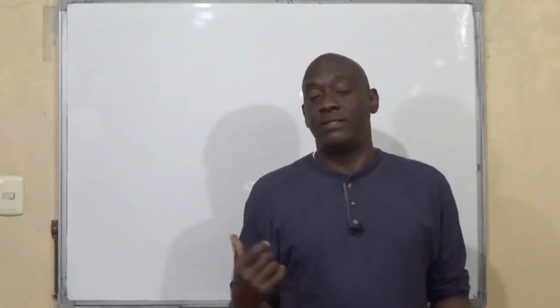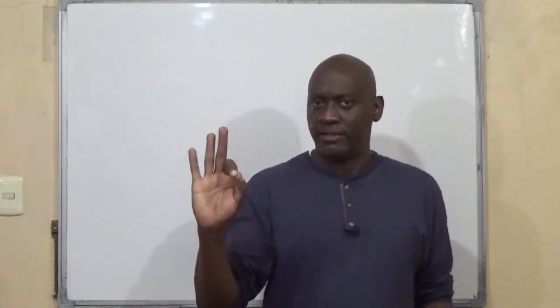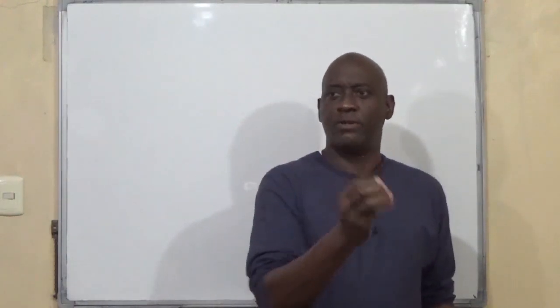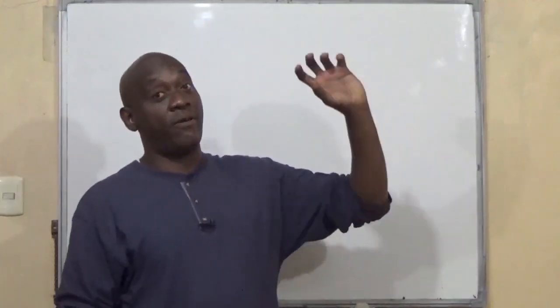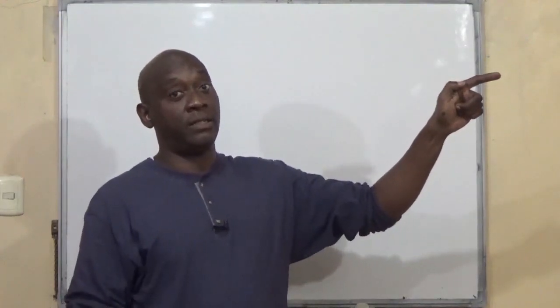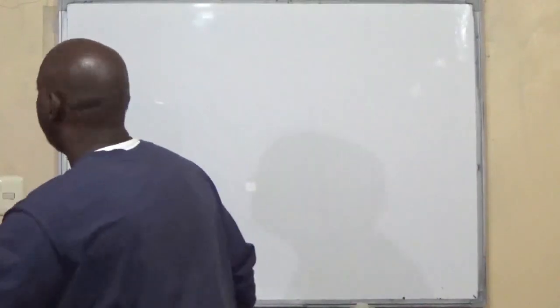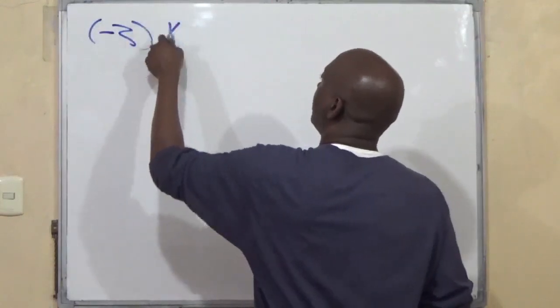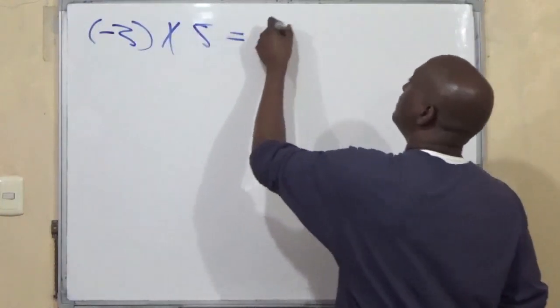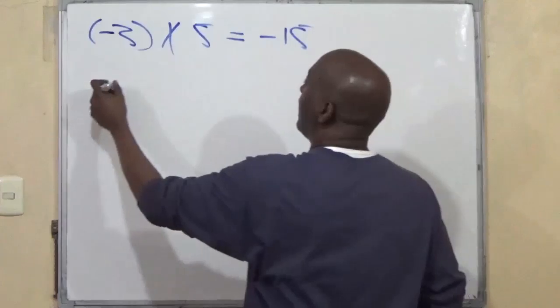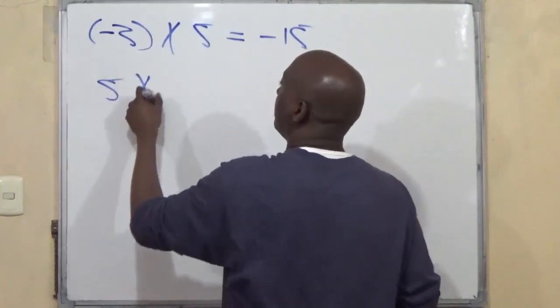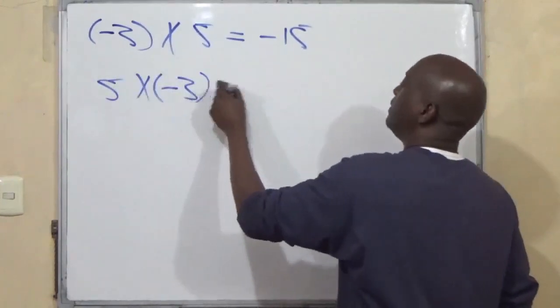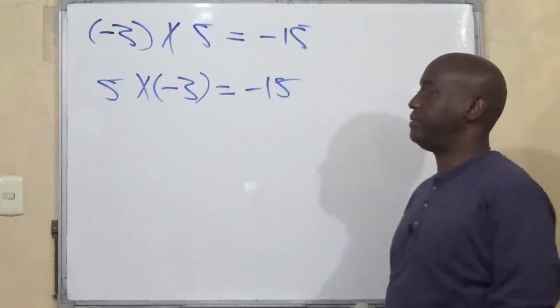We just discussed that a debt of $3 in 5 installments is a debt of $15, whether we look at it as the debt by 5 installments or 5 installments by the debt. Let me write it down again. Minus 3 multiplied by 5 is minus 15. And 5 by minus 3 is equal to the same minus 15.